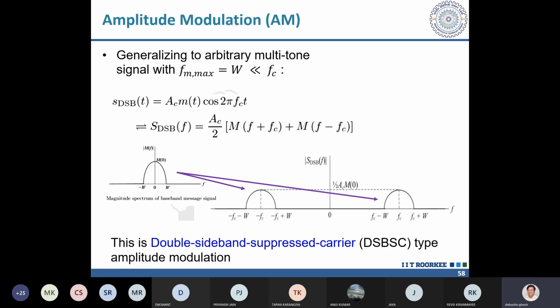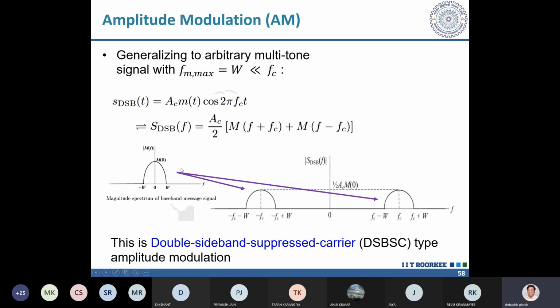So this is the spectrum, and this spectrum now gets translated up to FC plus W as the maximum. Anything from 0 to W will get translated to FC plus W. All the frequency components from 0 to minus W, that's why mathematically we have to see all these things. That's why we draw both the positive side and the negative side. All these frequencies will now reflect here as FC minus W. The same mathematical treatment that we are doing.